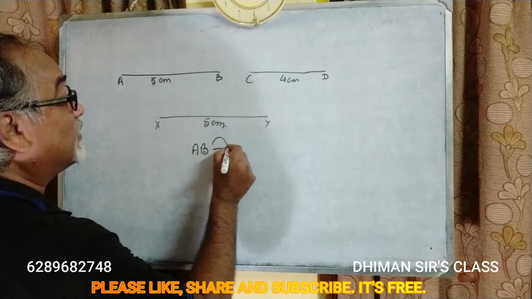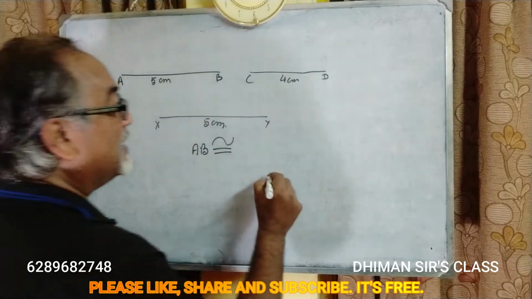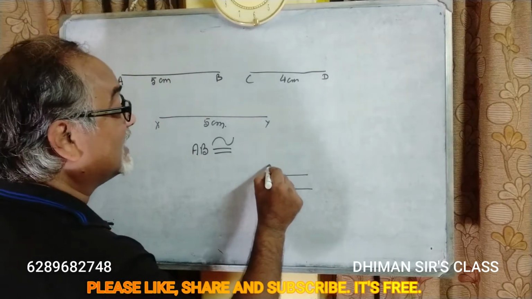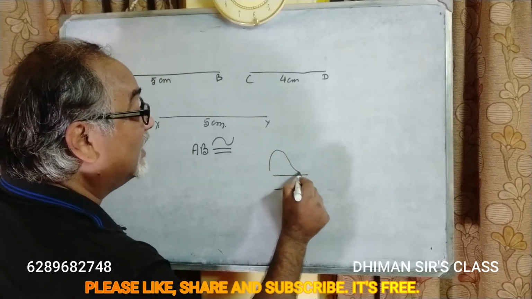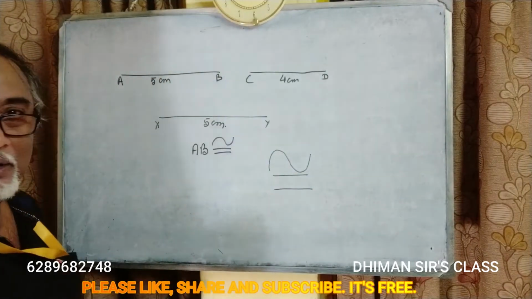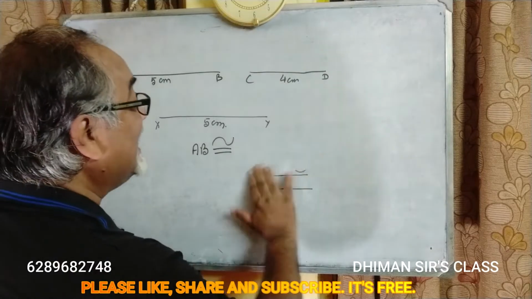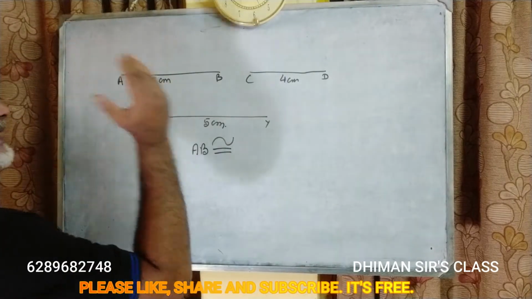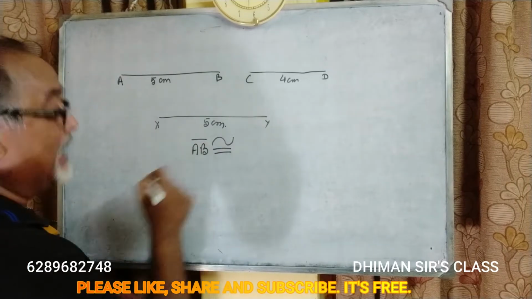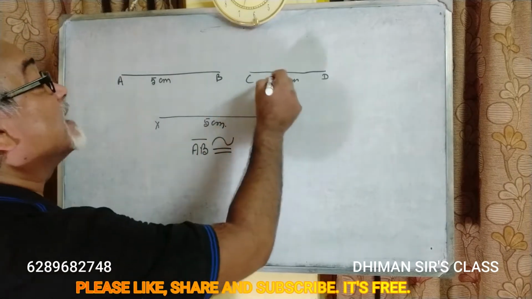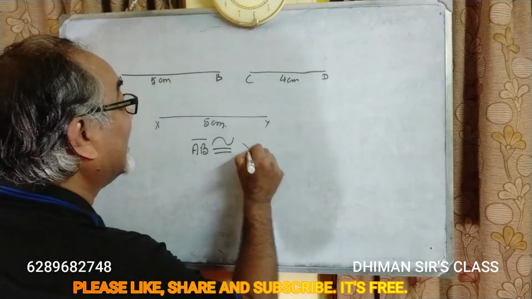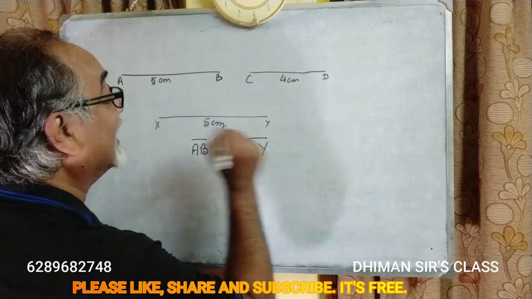This is the symbol of congruency: an equal to sign with a wave above it. So line segment AB is congruent to line segment XY.